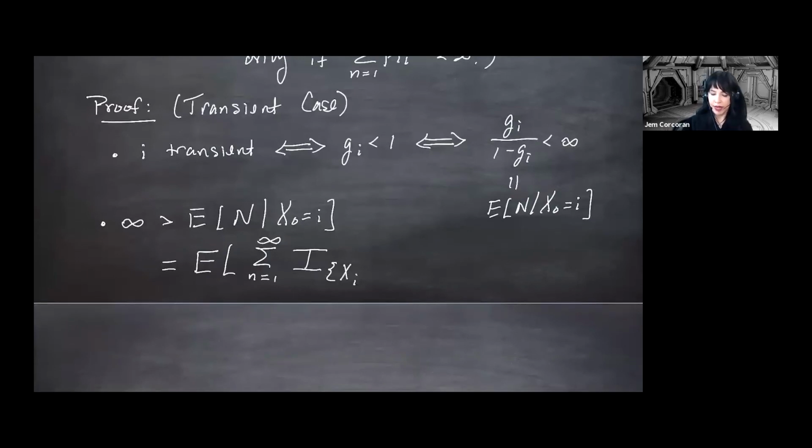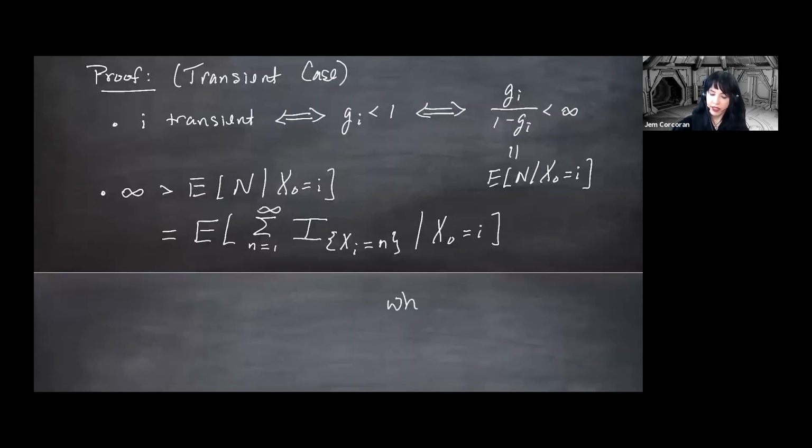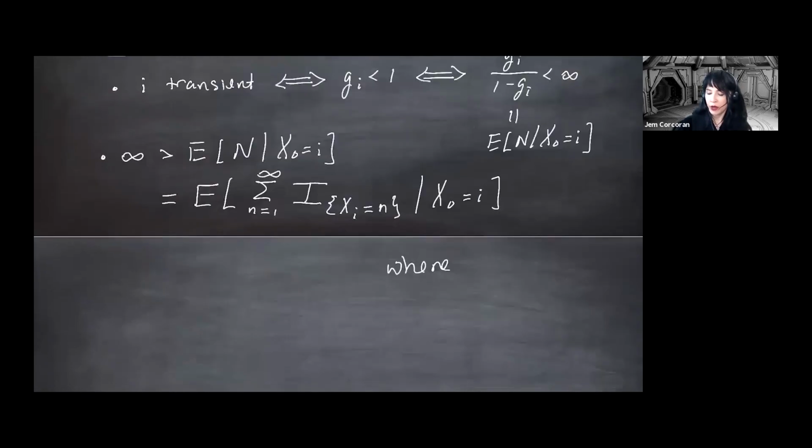So let me write it and then define it. This indicator function has a capital X in it, so it is a random variable, and it's going to be 1 if X_n equals I, and 0 if X_n does not equal I.